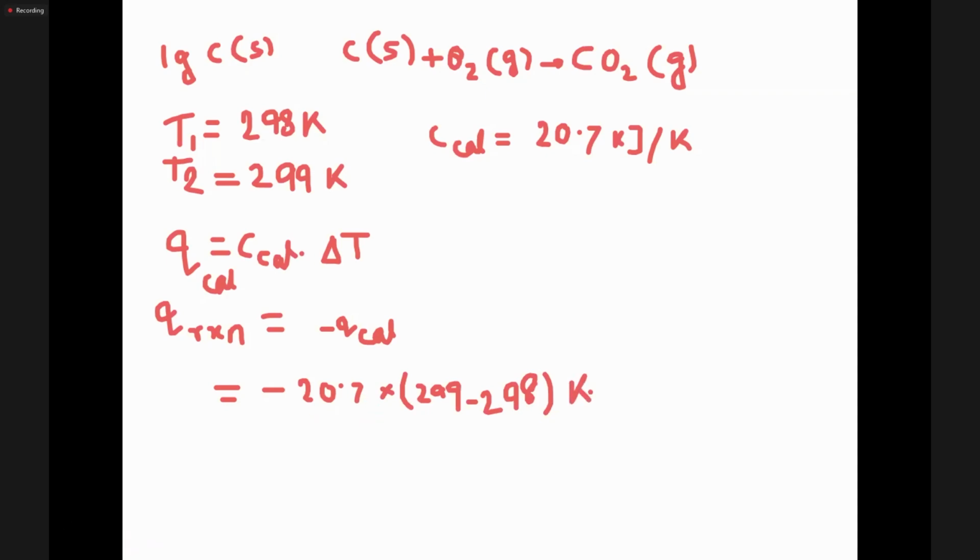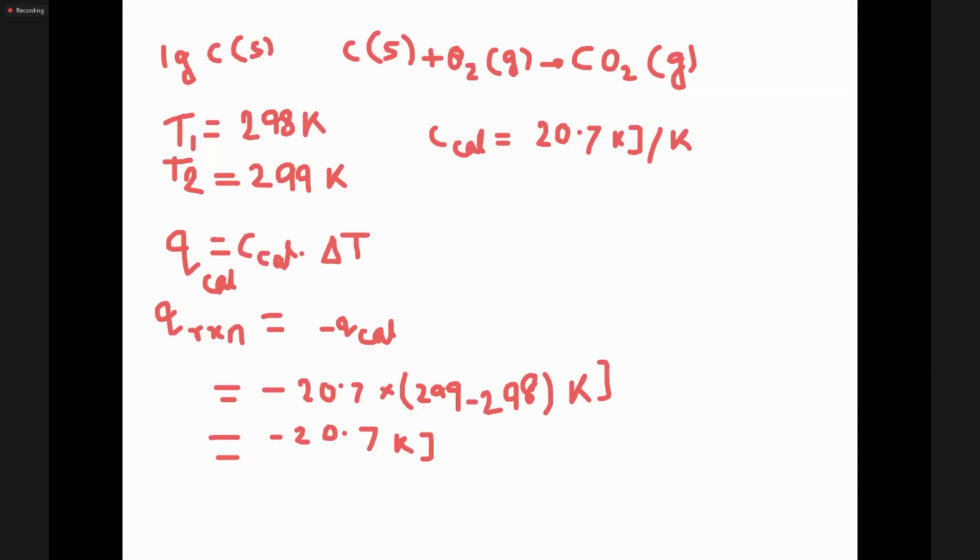If we multiply 20.7 into 1, it will be minus 20.7 kilojoule. So Q reaction is minus 20.7 kilojoule. That is an exothermic reaction. So delta U for the combustion of 1 gram of graphite will be minus 20.7 kilojoule per gram.